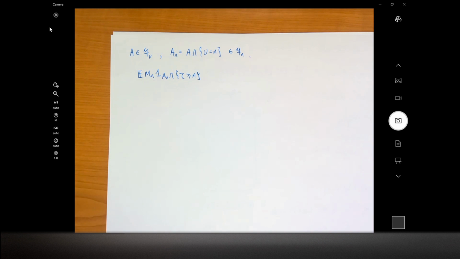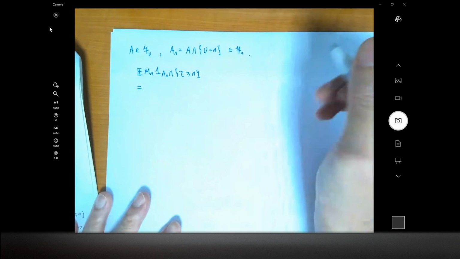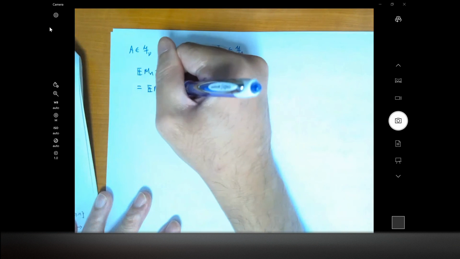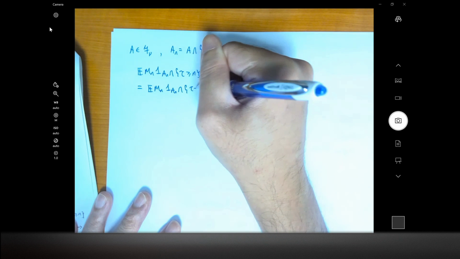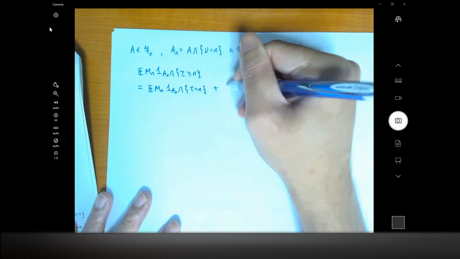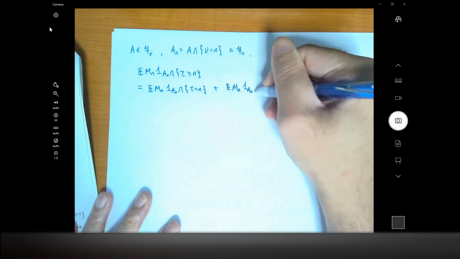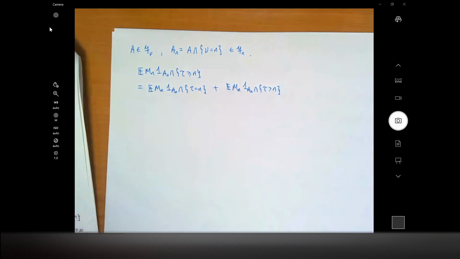So let's work it out. This is equal to, I break it up into two parts: A_n with tau equals n, and another part where tau is strictly bigger than n.